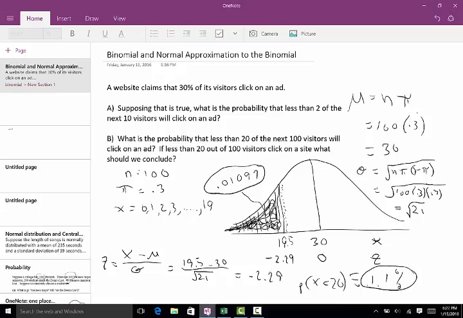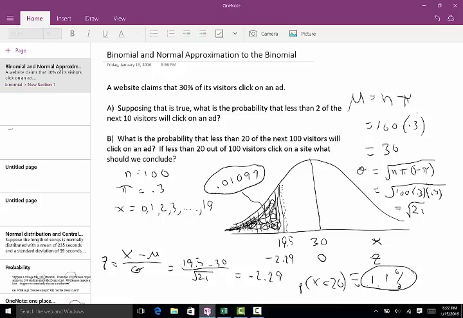So, what could we assume then? If less than 20 out of 100 visitors click on a site, well, that probability is so small that if that were to happen, we wouldn't believe what the website told us anymore about the 30%. So this is real statistics. This is inferential statistics. There's some value that we're going to test. They told us to believe them. We believe, but we want to verify.